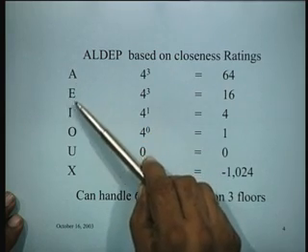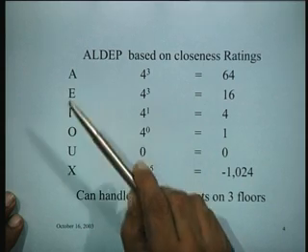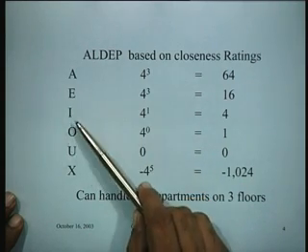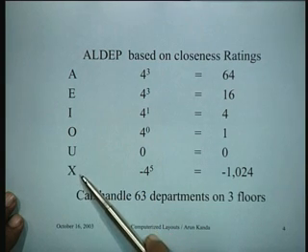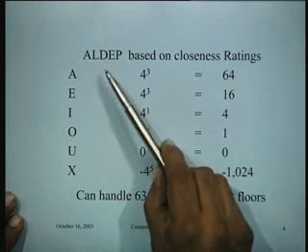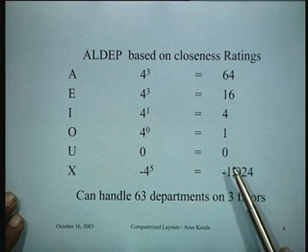If you recall the discussion that we had in the last lecture about systematic layout planning, we saw that after computing the material handling relationships, you assign certain activity relationships between all pairs of departments, and these activity relationships were called A for absolutely essential, E for essential, I for important, O for ordinary closeness is okay, U for unimportant, and X undesirable. So ALDEP is based on this scheme, and this very scheme is subsequently used for purposes of scoring different kinds of layouts.